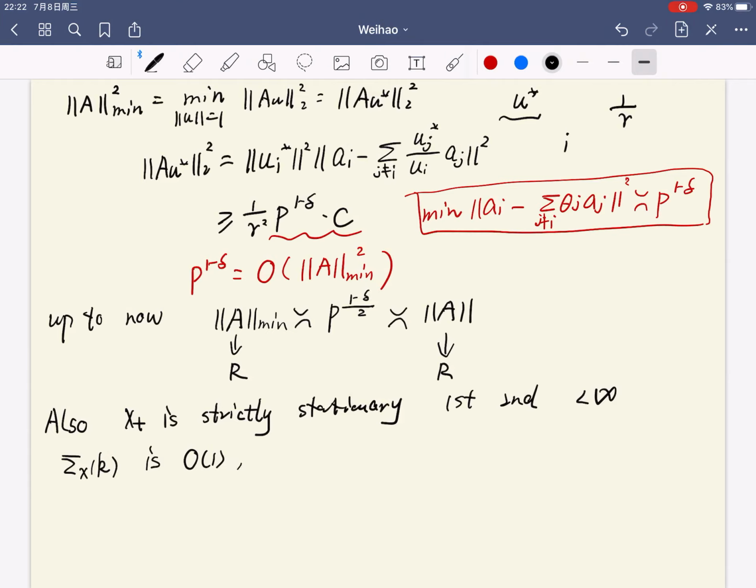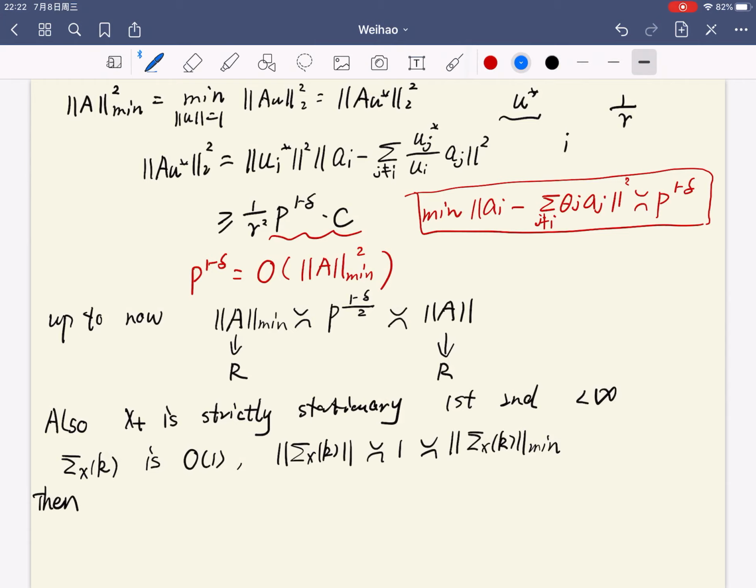Then applying a similar argument, we can arrive at the operator norm and the minimal singular value being of order 1.